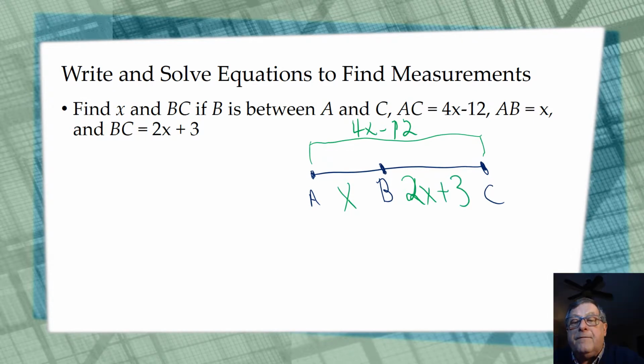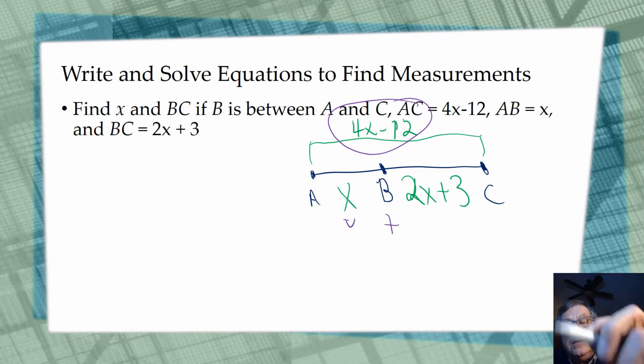All right, well, now I've got a visualization of this thing. I can figure out what I need to do. That means that this distance, 4x minus 12, must be equal to x plus 2x plus 3. Well, let's set this thing up and let's solve this for x, and then we'll solve it for BC.